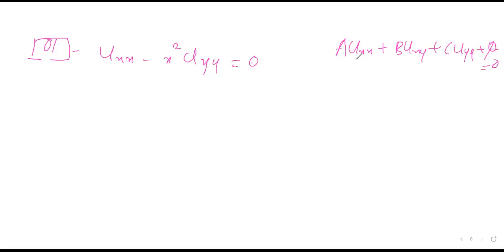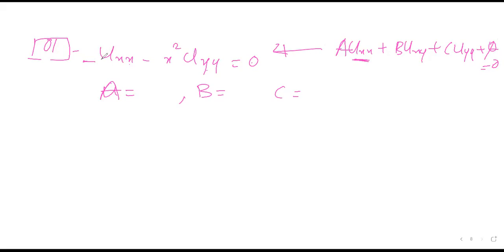Whatever the u xx term is, that is A. So what do you think A is? First of all, you have to find what A, B and C are. Since this is dependent on x and y now, this is our original equation. Can you find out what A, B, C are?